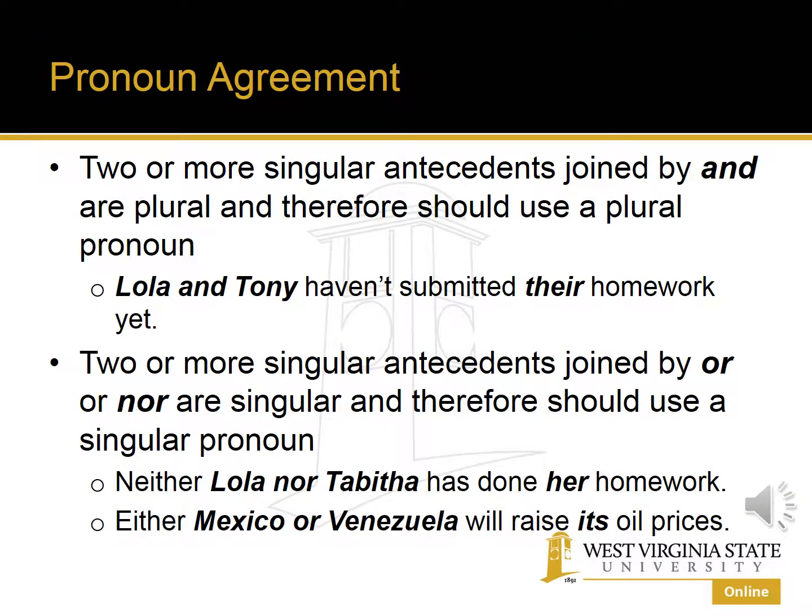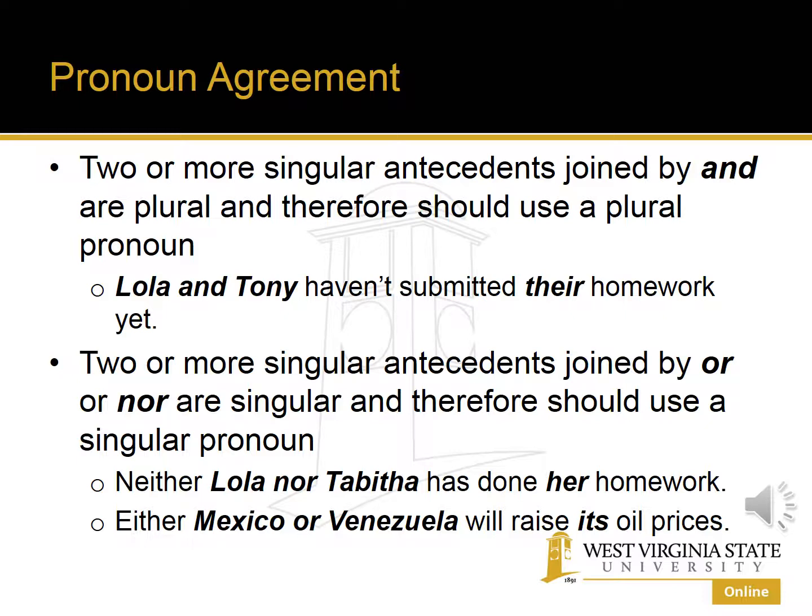All right, we have a couple more rules that we have to consider with regard to pronoun agreement. The first is when we have two or more singular antecedents joined by the conjunction and, then we consider those antecedents, like we would a compound subject, to become plural, and therefore we should use a plural pronoun.